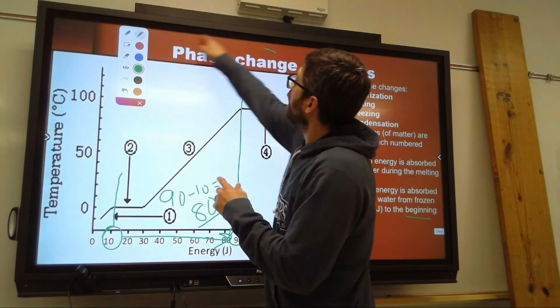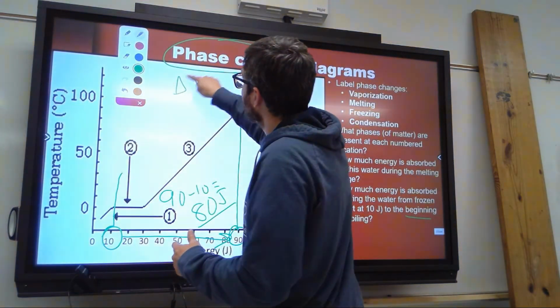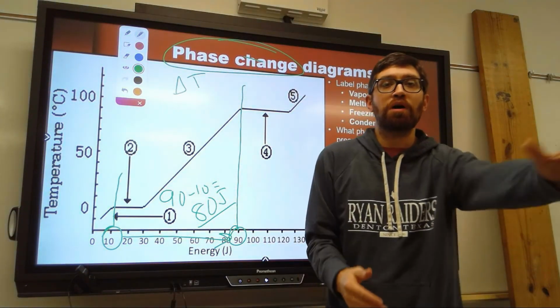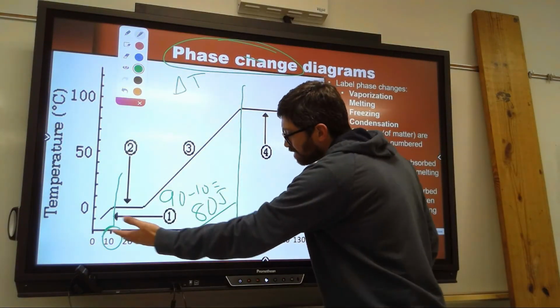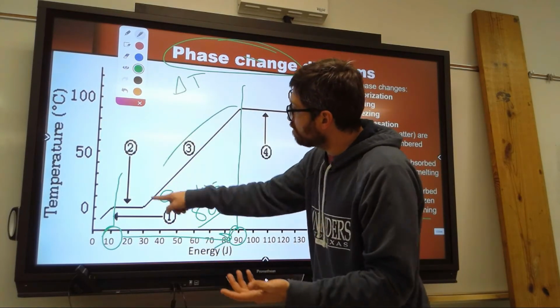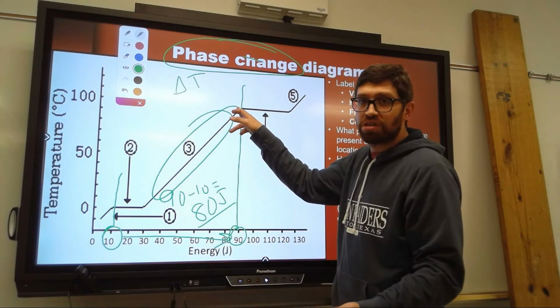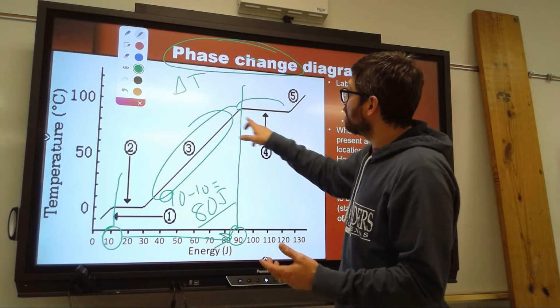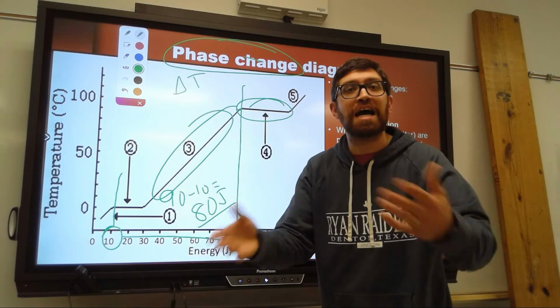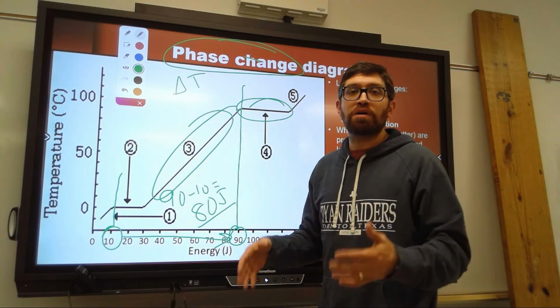And that is either a phase change, that's what this is called, or a temperature change. We can't do both at the same time. When energy is added to a substance, only one of those 2 things can change. Either the temperature can change if that's energetically favorable, or if the temperature is just too high, then the phase is going to change because that's energetically favorable at that time. But you can't do both at the same time.